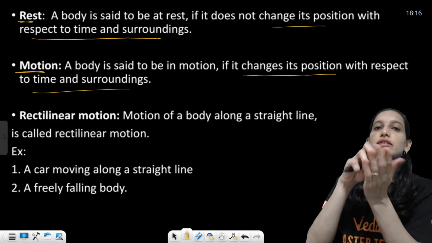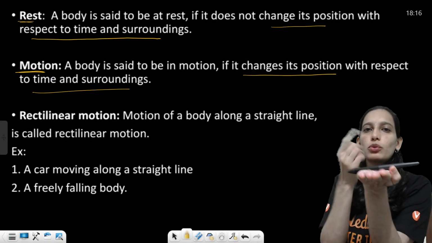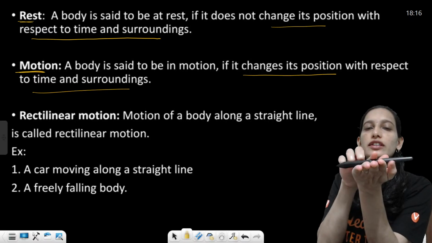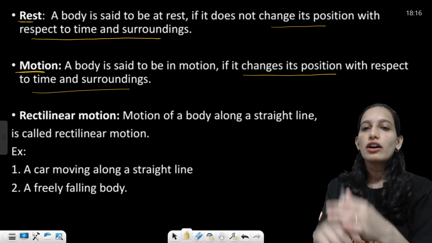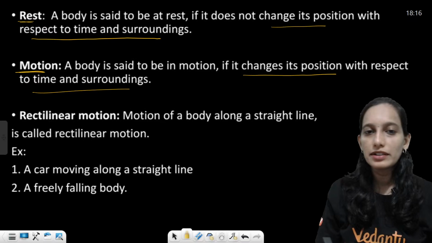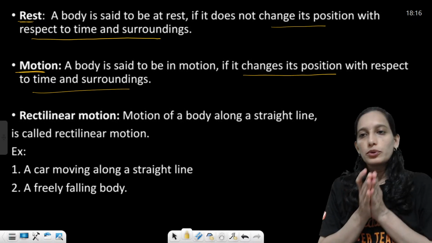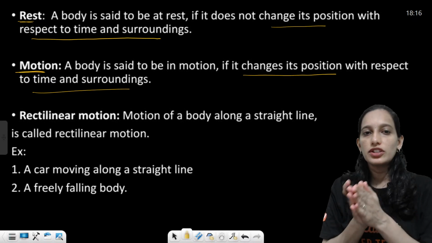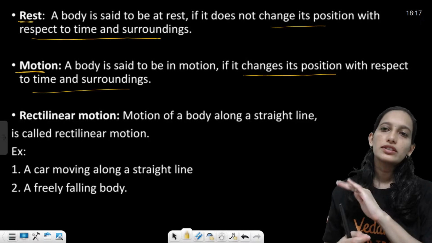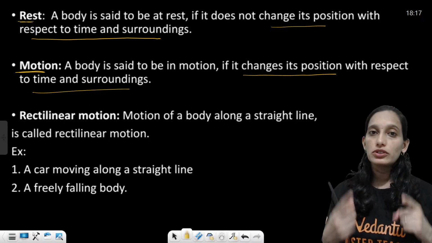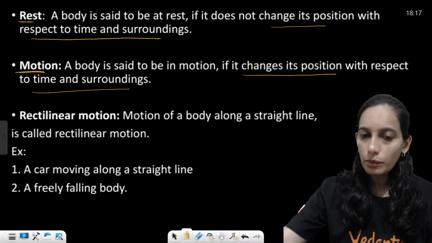Now let us say I apply some force, but right now we are not bothered about the type of force. I can just say that the object's position is changing with time, it is moving back and forth like this. Or when I am writing on my tablet, the pen will be moving, it is having some type of motion, definitely, right? So if the position of the object is changing with time and surrounding, then we say the object is in motion. And if the position is not changing with respect to time and surrounding, we say that the object is at rest. Hope it is clear till here.